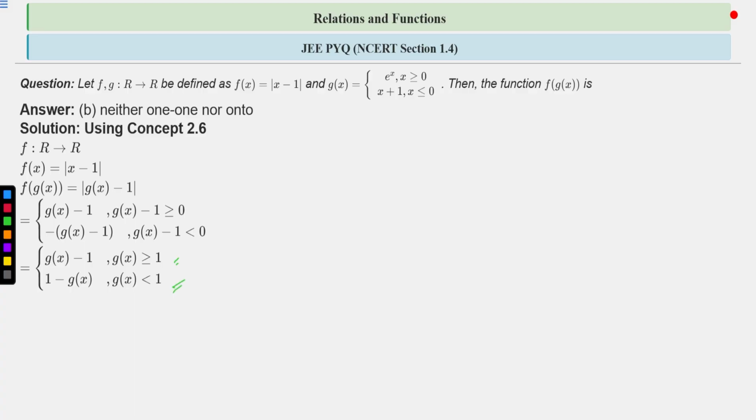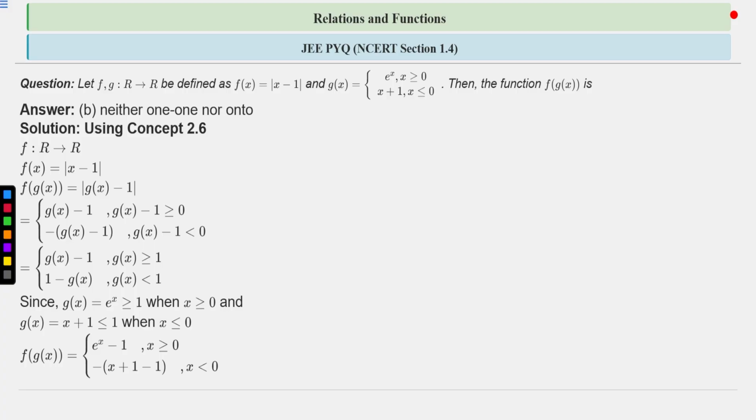Now let us check for g(x). Since g(x) is basically e to the power x, it will always be greater than or equal to 1 when x is greater than or equal to 0, right? Therefore g(x) equal to x plus 1 is smaller than or equal to 1 when x is less than or equal to 0.